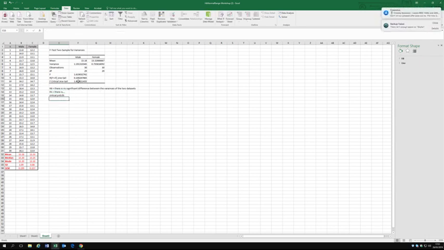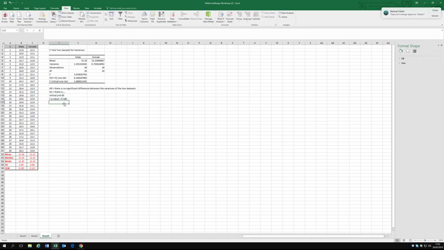Okay, so when we look at our p-value for the F-test, and the F-test only assesses on the basis of one tail, our p-value is equal to 0.100, which is obviously greater than our critical significance value.